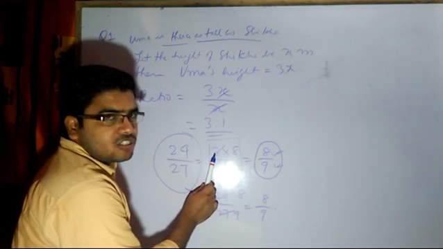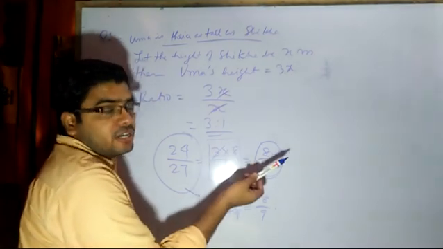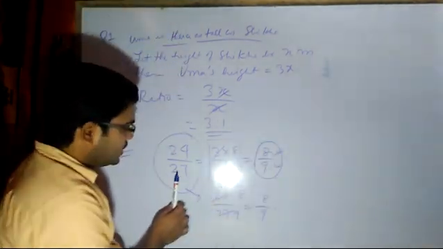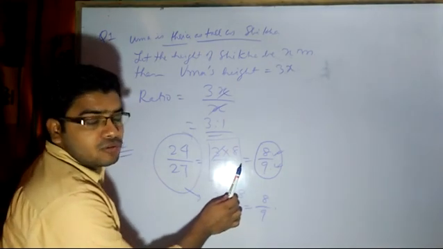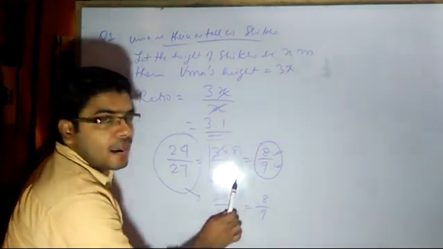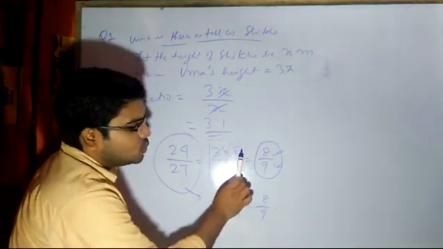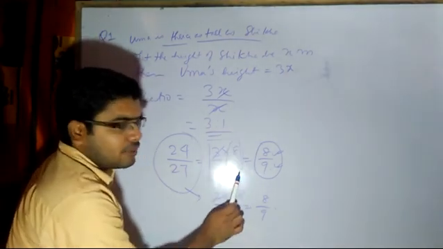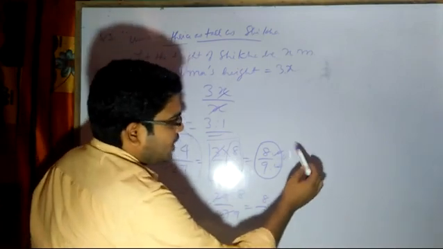So this can be written as 3 into 8, and 8 can be further written as 2 into 2 into 2. Here you have 3 into 9, and 9 can be written as 3 into 3. We don't have any common factors between these two, it will be 2, 2, 2 and here 3, 3, 3. So nothing can be cancelled out. So your answer will be 8 by 9.